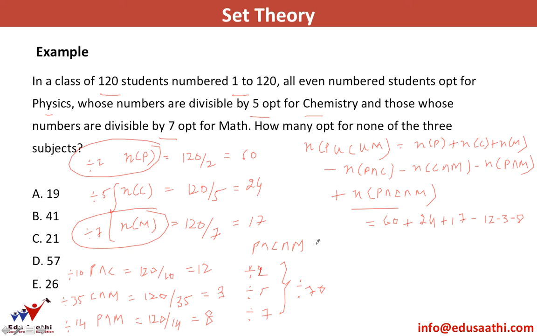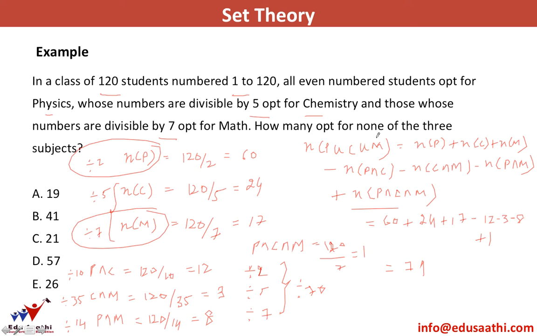So when I divide 120 by 70, the quotient I'll get is 1. So I'll just add plus 1 here. Now the total number of students you get here, if you calculate, would come out to be 79.